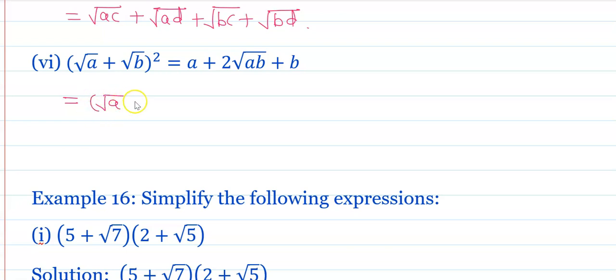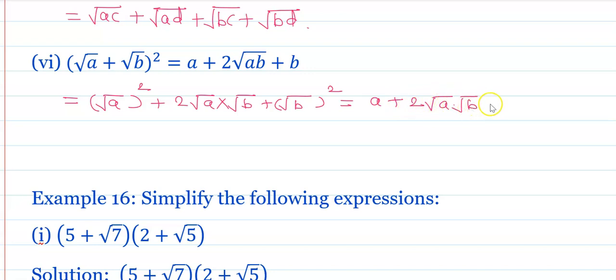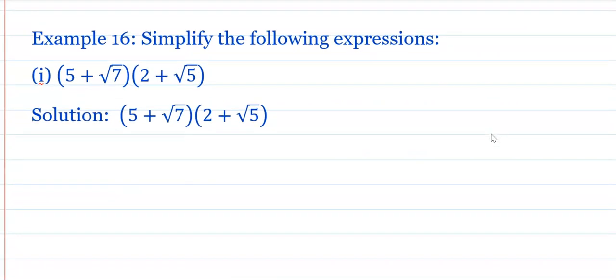We can write here root a bracket square plus 2 times root a into root b plus root of b bracket square, and here you will get root of a square means what? a plus 2 root a into root b plus root of b square means what? b, and overall here you will get a plus 2 root of ab plus b. Okay, now we will solve some examples.